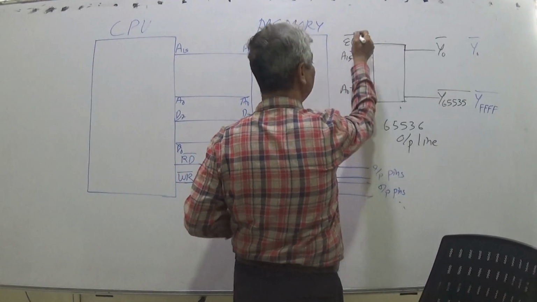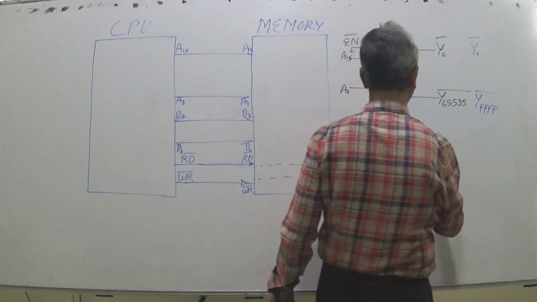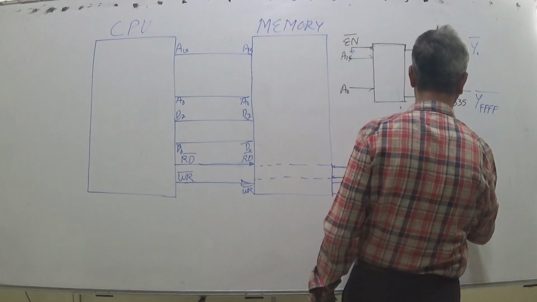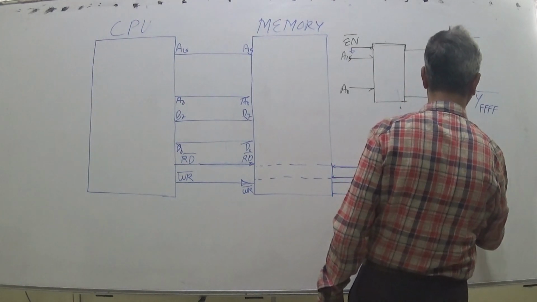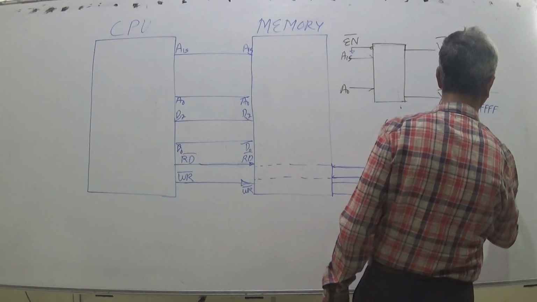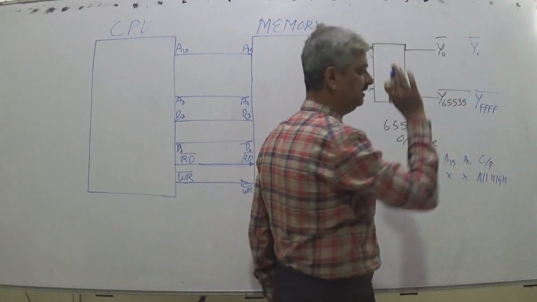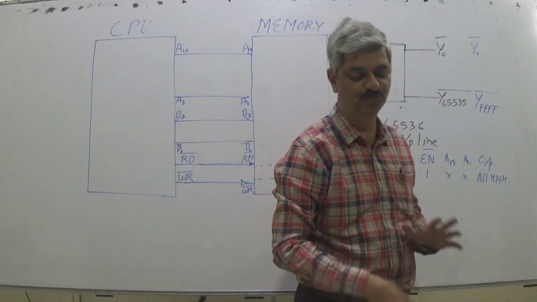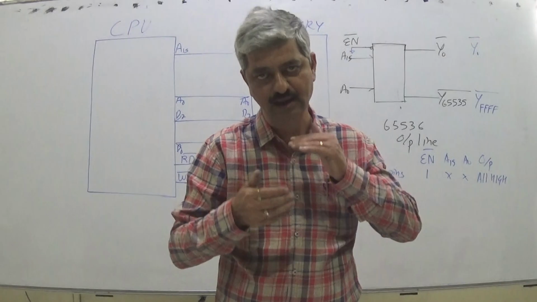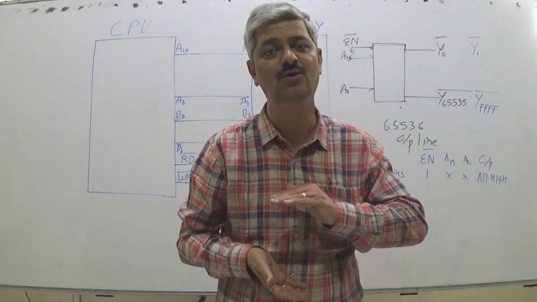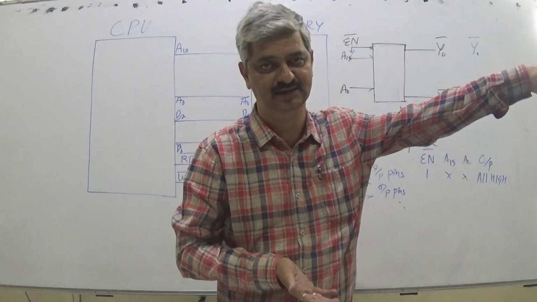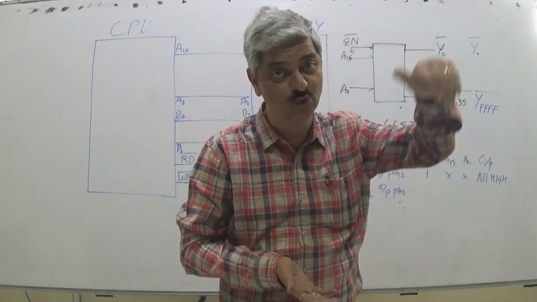If En bar is high, irrespective of A15 to A0, all outputs are high, meaning none of the outputs is selected. So if En bar is 0, depending upon A15 to A0, a particular output line is selected, meaning it goes low and the others go high.